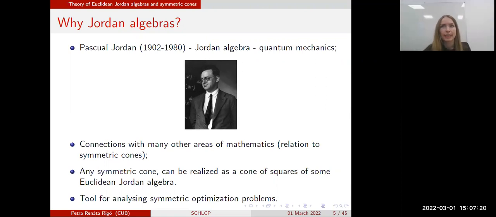And this means that Euclidean Jordan algebras provide us a very efficient tool for analyzing optimization problems, including symmetric cones. So we will see that we will use several times this approach by using eigenvalues and so-called Jordan frames as well.